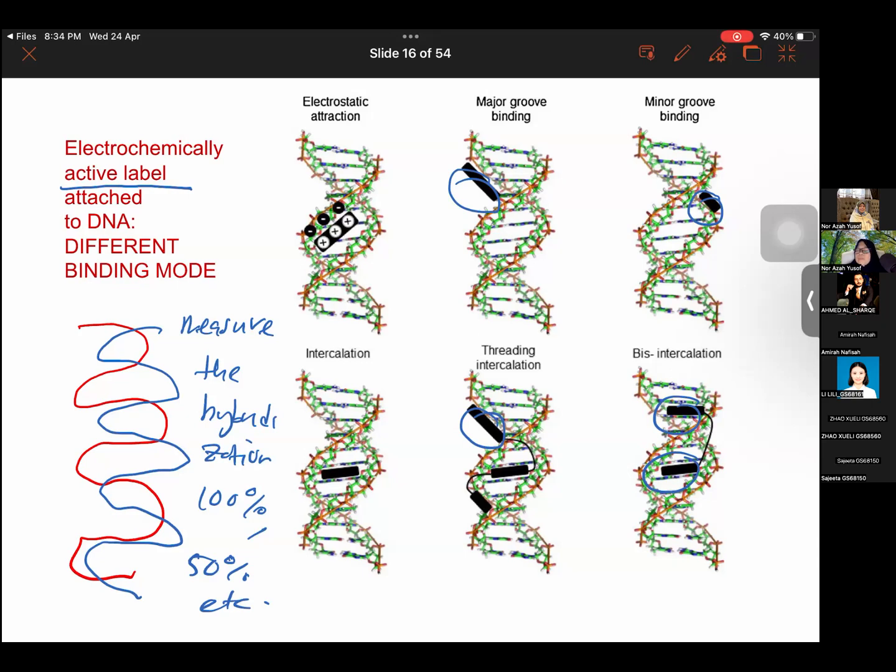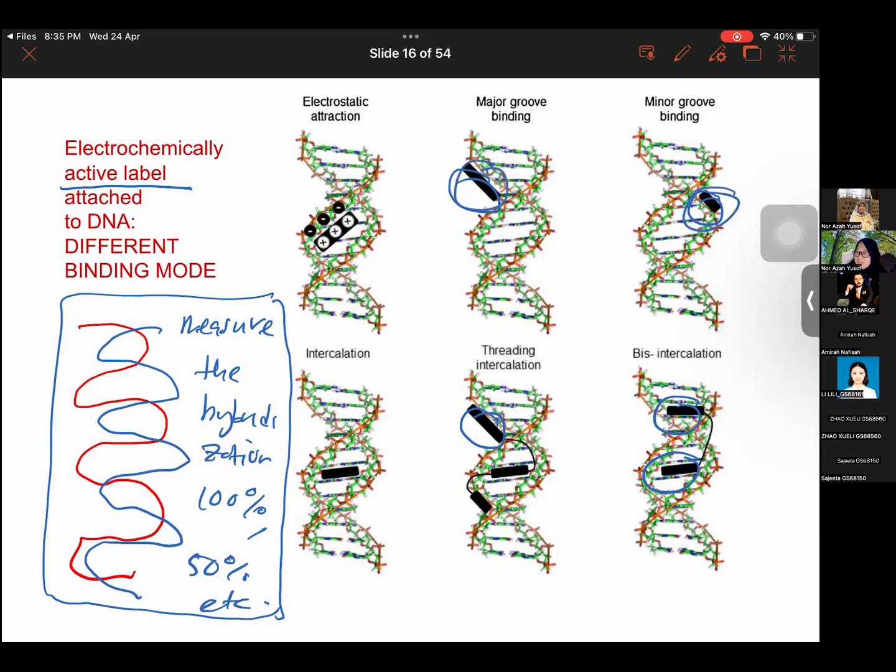I hope you remember this concept. We want to know whether you are positive dengue or negative dengue based on DNA. If it is 100% hybridized, you are confirmed, yes, you have dengue. But if it is like 10%, then you're not confirmed. But how do we know the 100%, and how do we know the 10%? It is by using this indicator.